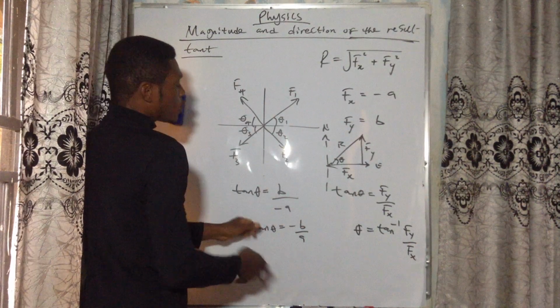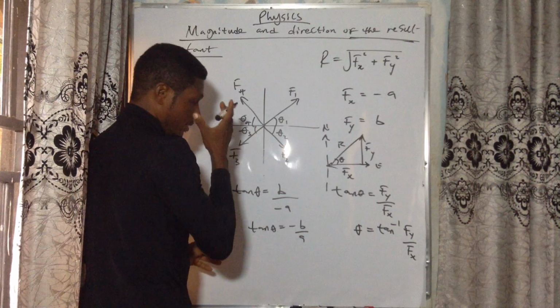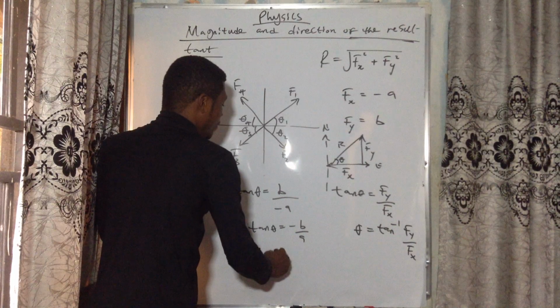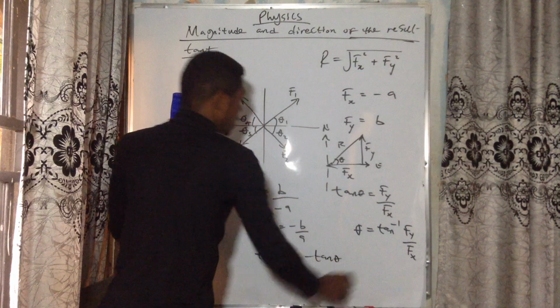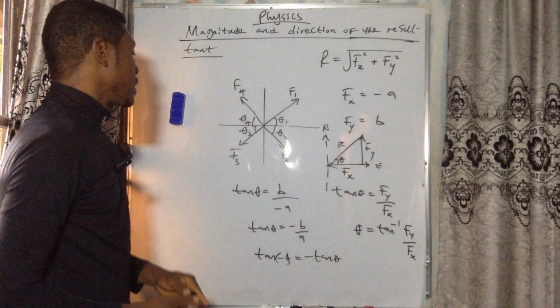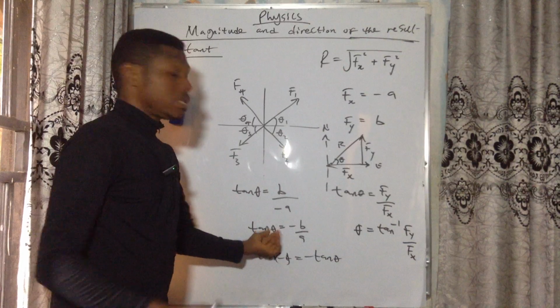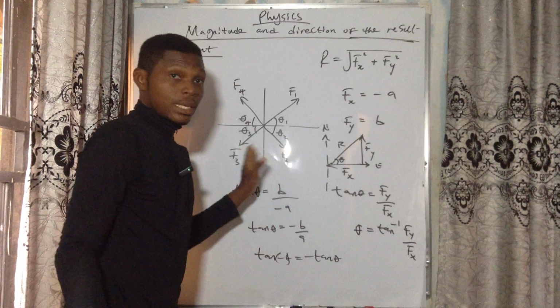Clearly, this angle will give you a negative angle. Do you understand? Tan of minus theta equals minus tan theta. So it will give you a negative angle, but we concern ourselves with the positive value of the angle, not the negative.